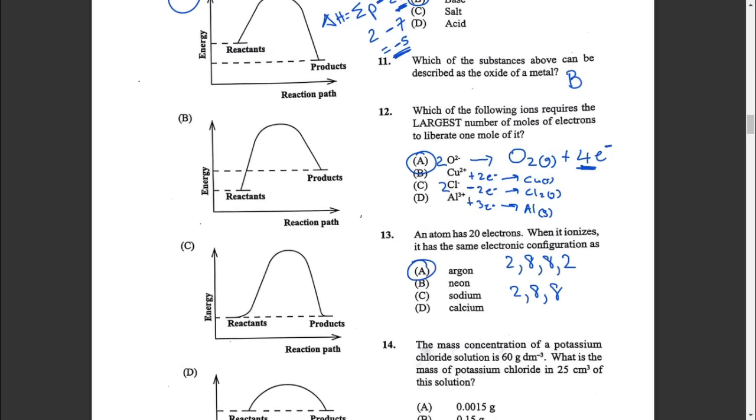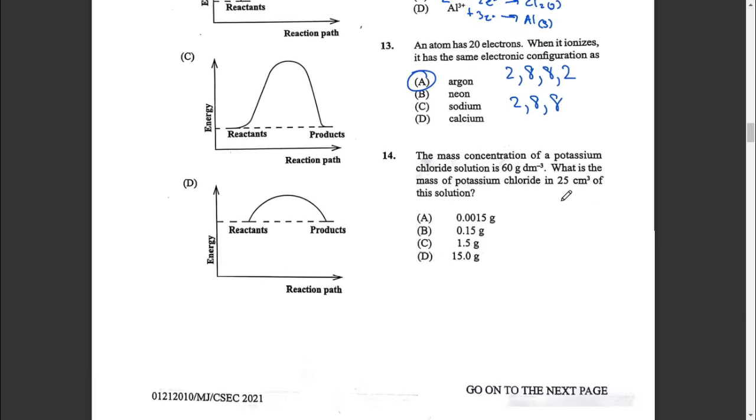All right. Question 14. The mass concentration of potassium chloride solution is 60 grams per dm cube. What is the mass of potassium chloride in 25 centimeter cubed of this solution? So we have our stock solution, right?